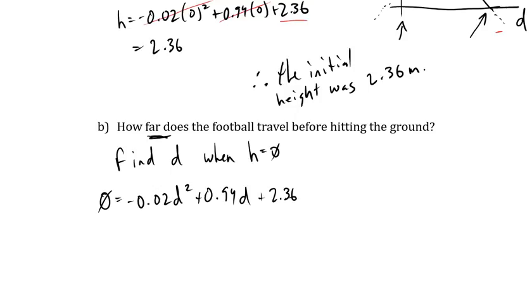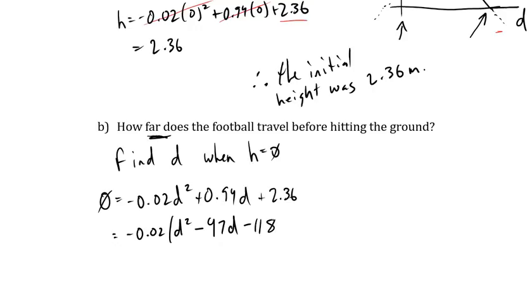It's not going to give you good answers. Just to show mathematically what it would be like, I'm going to go ahead and factor that out. So 0.94, I'm just using my calculator for this. 0.94 divided by negative 0.02 gives me negative 47d, and 2.36 divided by 0.02 gives me negative 118.